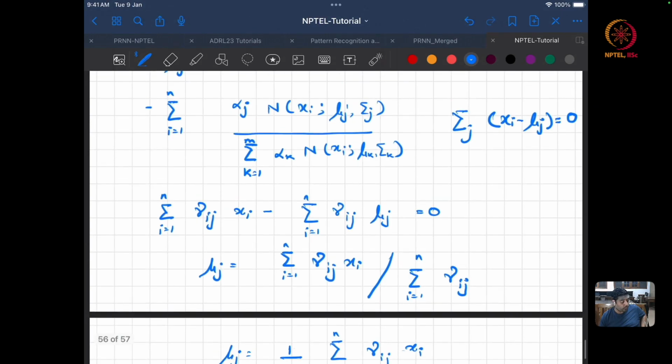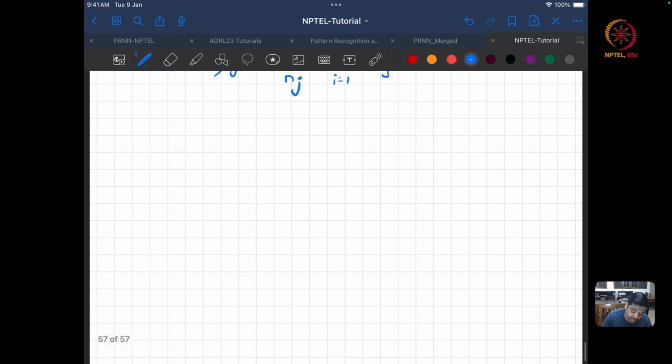This will be for mu, and similarly I leave it as a simple exercise to obtain it for the covariance.